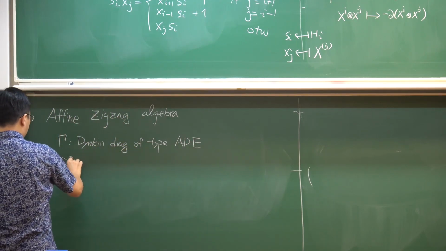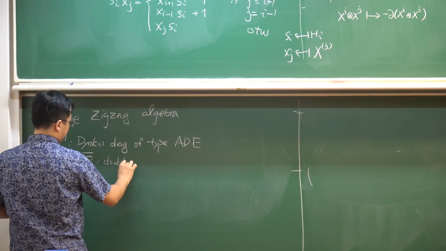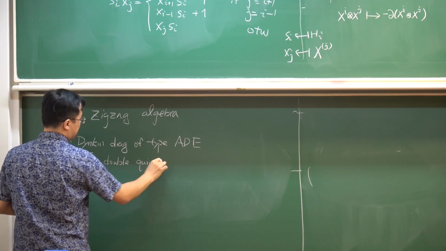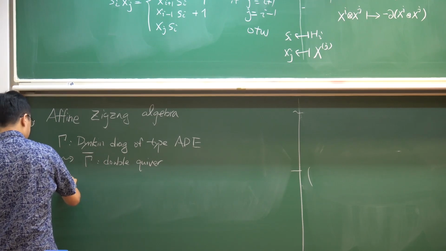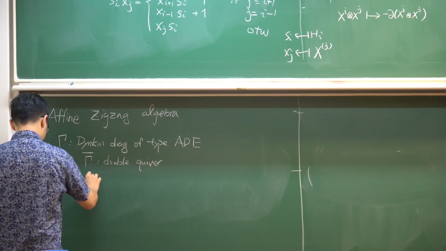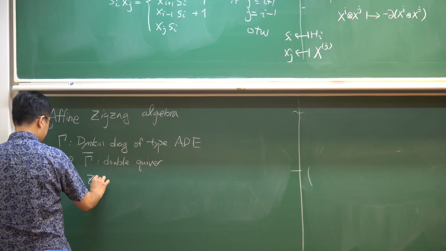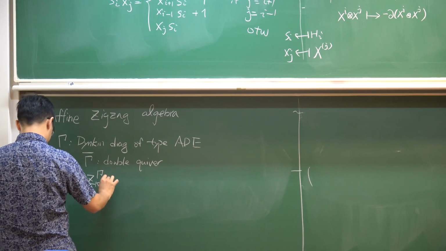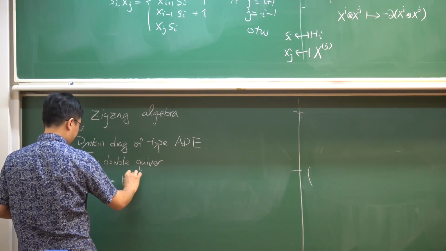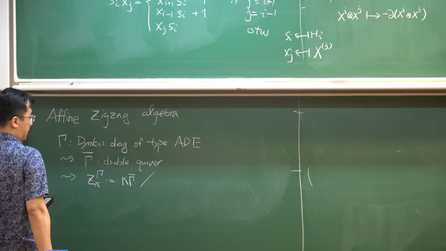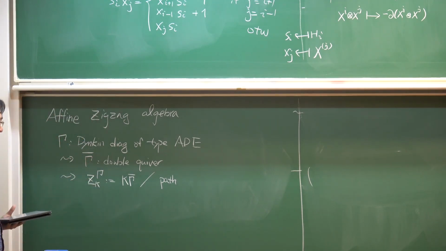And then you can define its double quiver, which means you replace a single edge by a double edge. And then you can define an algebra. Say k is a commutative ring, then Z_k(Gamma) is firstly the path algebra of your double quiver modulo the following relations.